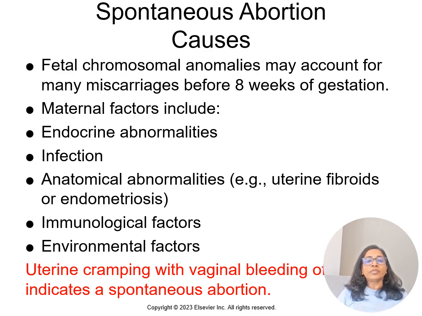It could also be related to other factors like endocrine abnormalities, any infection, recurrent infection like pelvic inflammatory disease, immunological factors, or anatomical problems like uterine fibroids or endometriosis, and environmental factors. All of this can cause severe uterine cramping and vaginal bleeding and spontaneous abortion. So that's what it means.